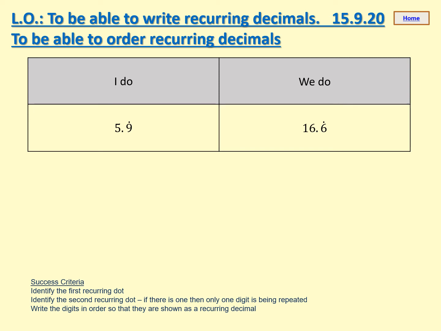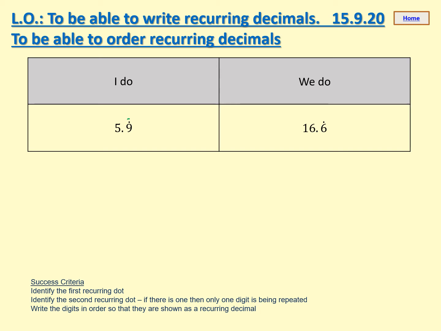So in here, have a look at our success criteria. Identify the first dot, so we've identified it. Identify the second recurring dot, if there is one. So there isn't one, which means that only one digit is being repeated over and over again.